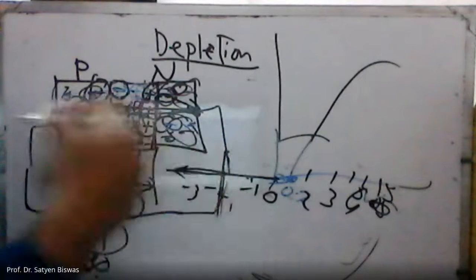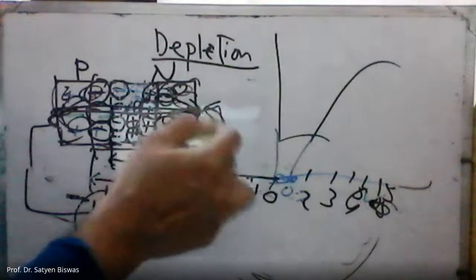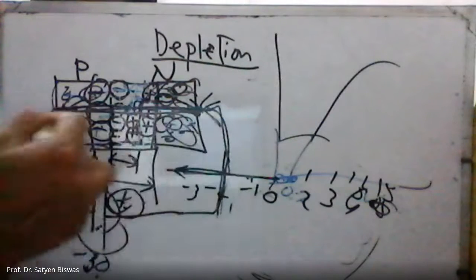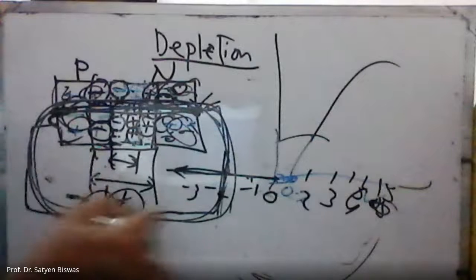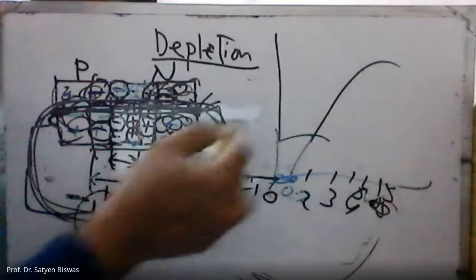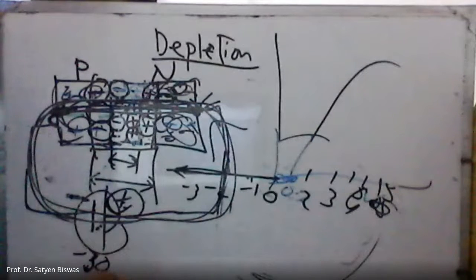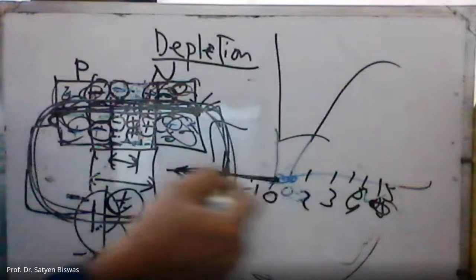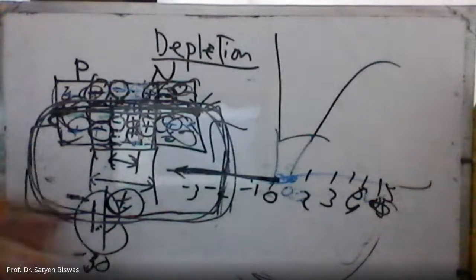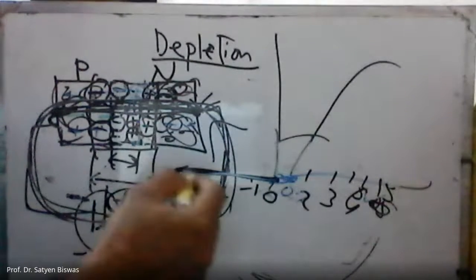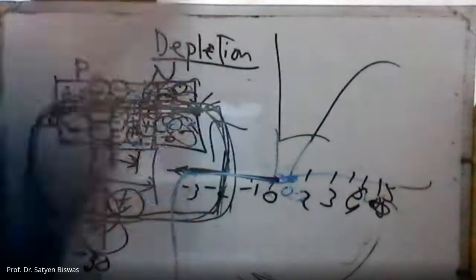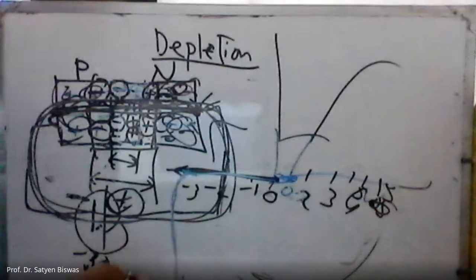And then the current will start to flow. The whole thing will be broken, and it will be like a short circuit, and the current will start to flow in the opposite direction, right? So here, after a very high voltage, the current will start flowing in the opposite direction, and a very large current will flow, not gradually increasing.